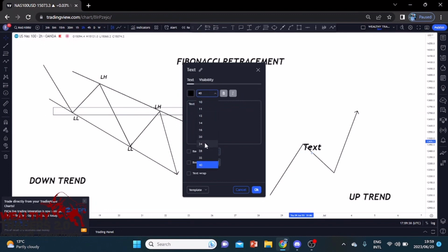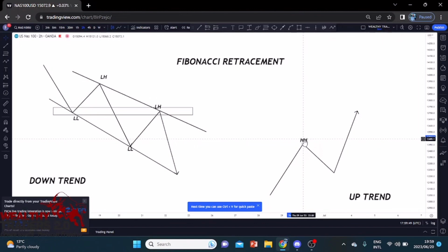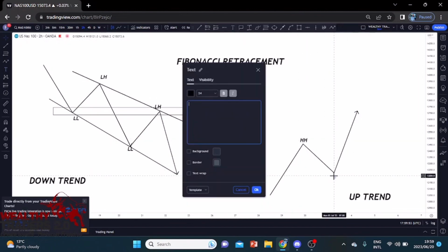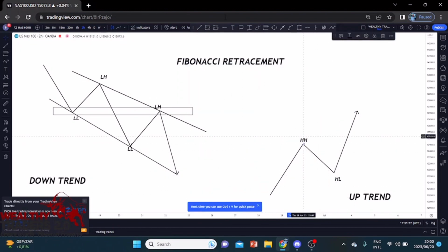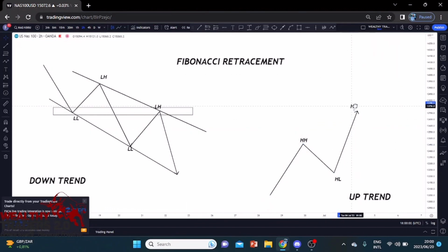So now we have something like this, and we have our higher high, here we have our higher low, and I'm just going to repeat what I said in a downtrend.